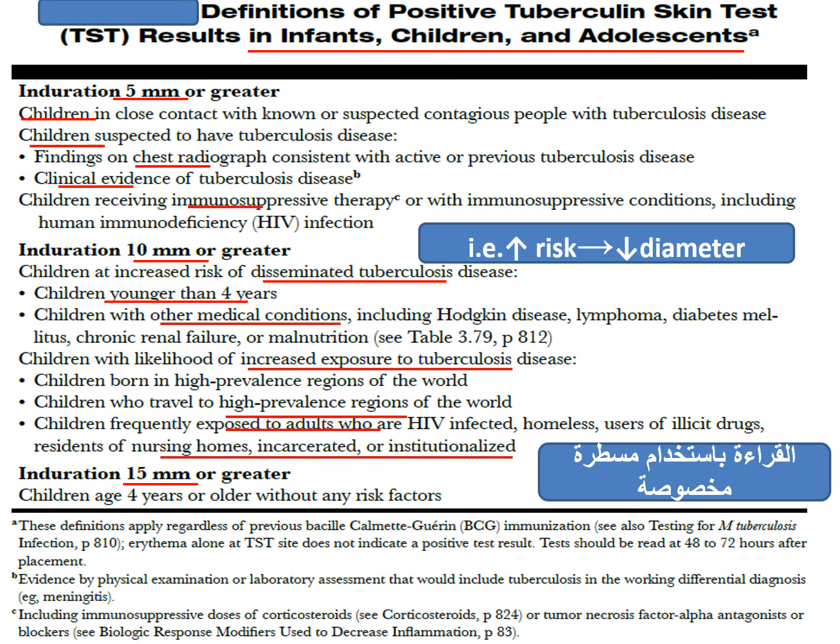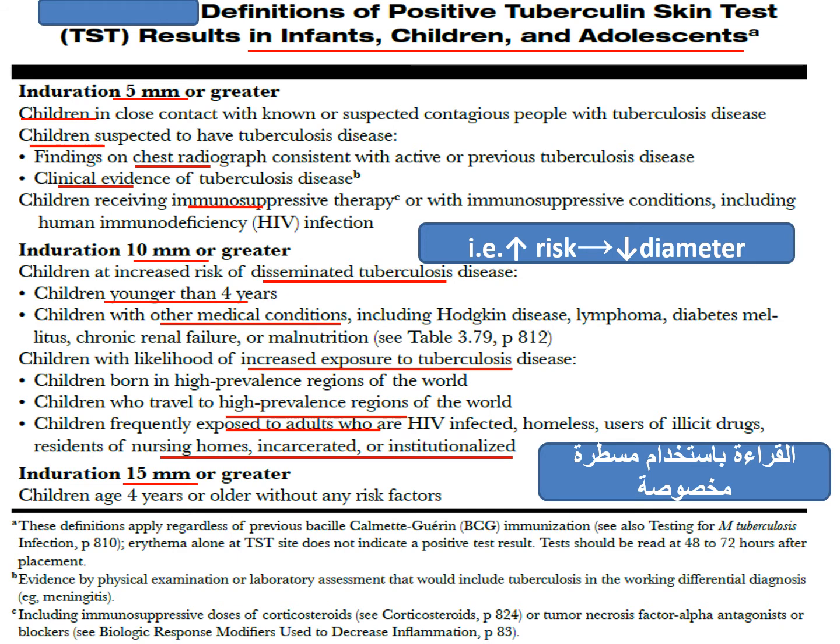This table shows the definitions of positive tuberculin skin test (TST) results in infants, children, and adolescents. There is no one cut-off point for the tuberculin test, but for every case there is a different cut-off point.